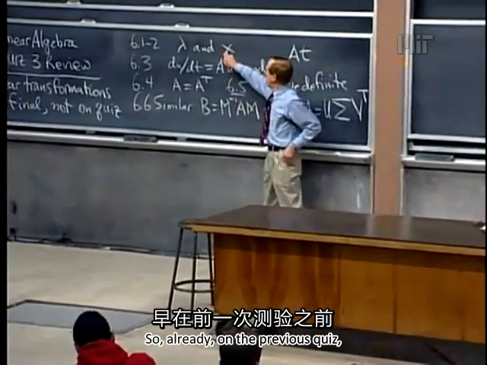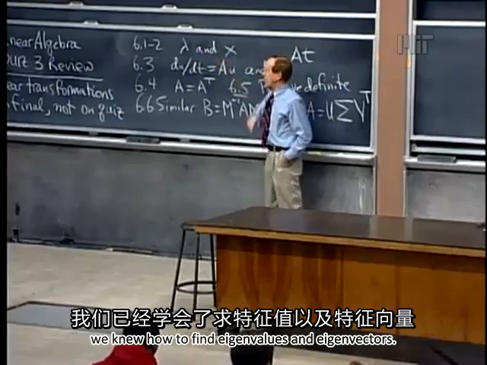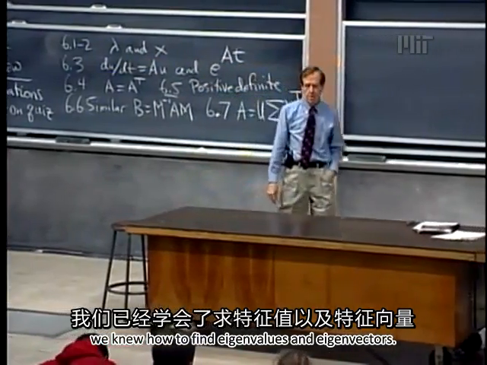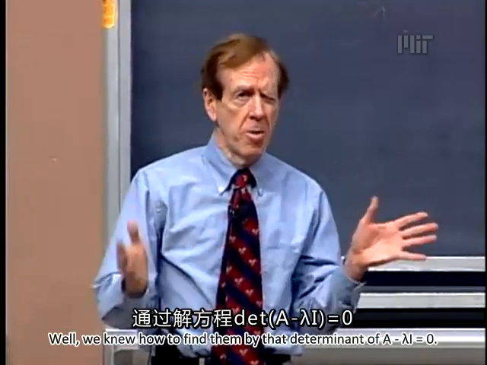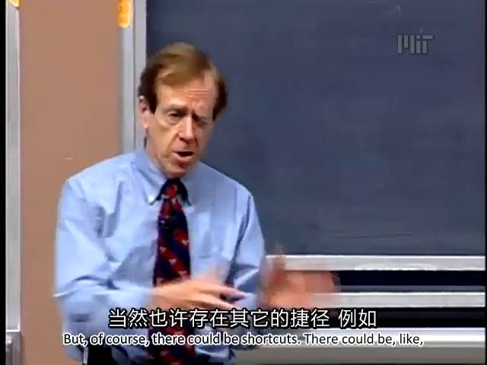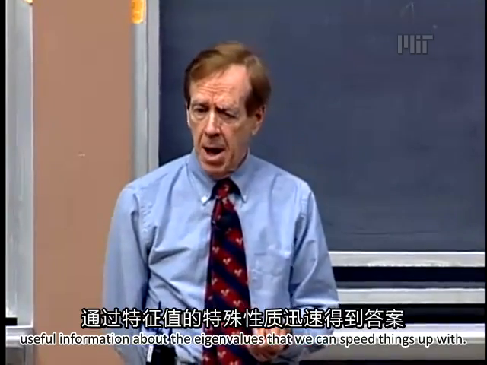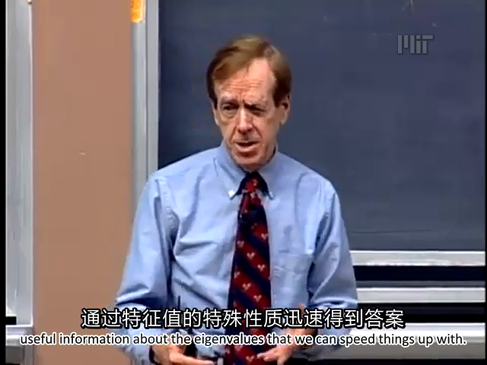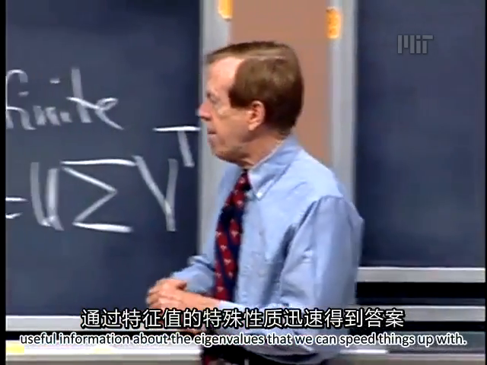So already on the previous quiz, we knew how to find eigenvalues and eigenvectors. Well, we knew how to find them by that determinant of A minus lambda I equals 0. But of course, there could be shortcuts.